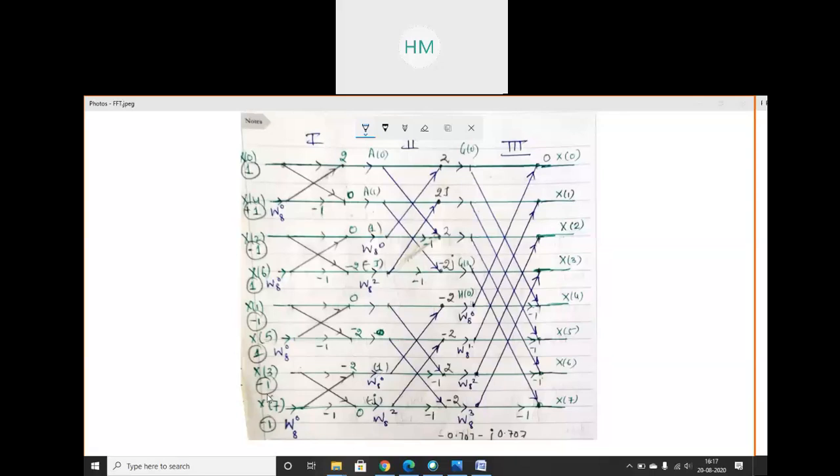x of 4 will be equal to h of 0. What is h of 0? Minus 2. And the second value is coming from g of 0. And what is my g of 0? It is 2.